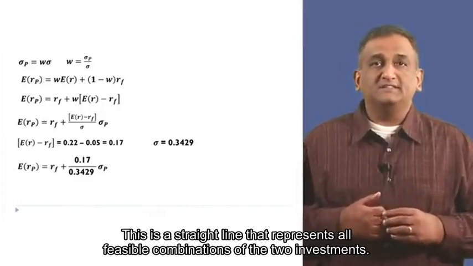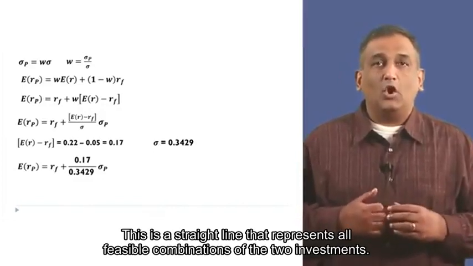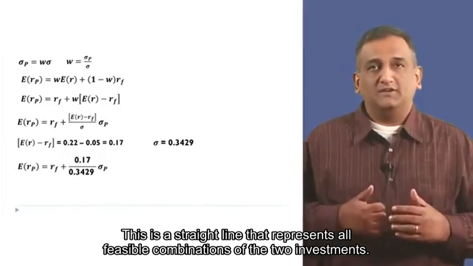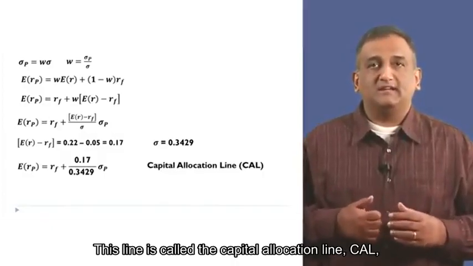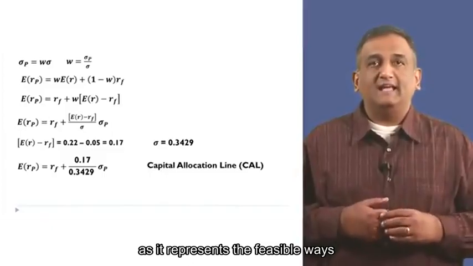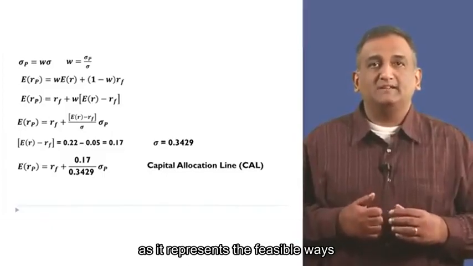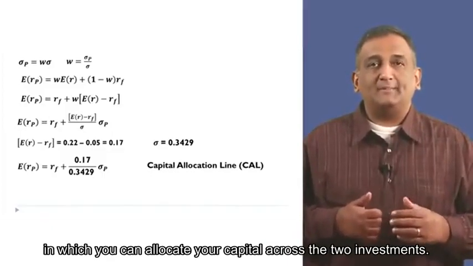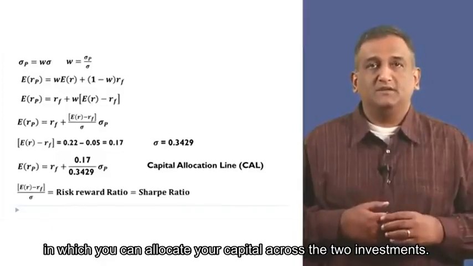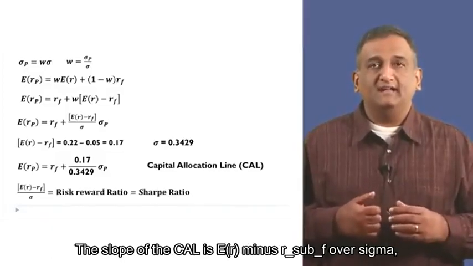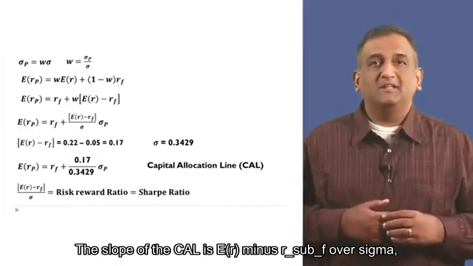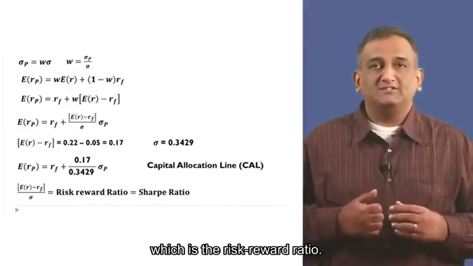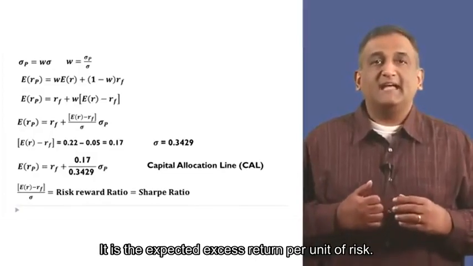The utility from the second investment is its expected return of 0.22 minus half times the same coefficient of risk aversion 3 times its risk, which is 0.3429 squared, which gives us a utility of 0.0436. Clearly, the first investment has a higher utility, and hence an investor with a coefficient of risk aversion of 3 would prefer the first investment.